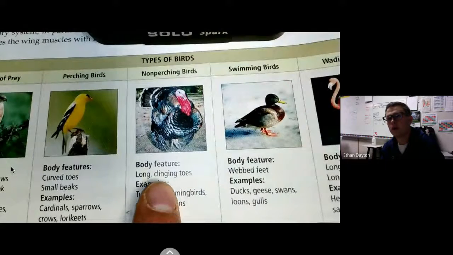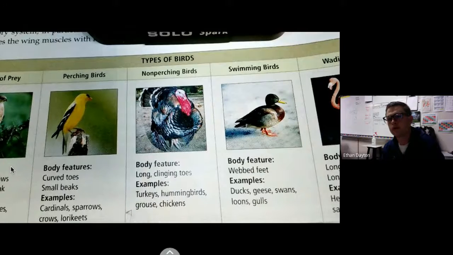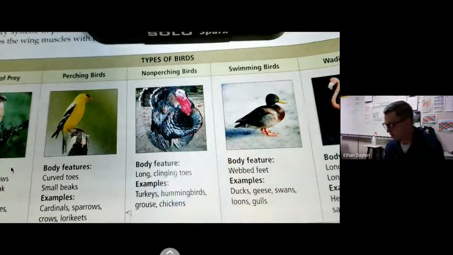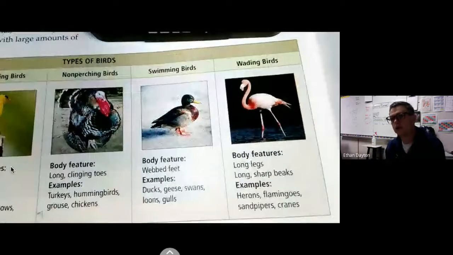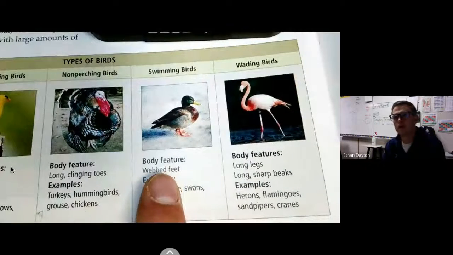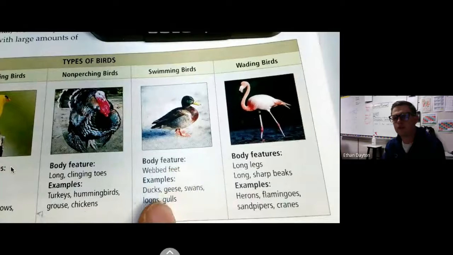We have long, clinging toes. Examples are turkeys, hummingbirds, grouse, and chickens. So there's a turkey there. Swimming birds. Body feature that we're looking at is webbed feet. Examples are duck, geese, swans, loons, gulls. Got a duck there.